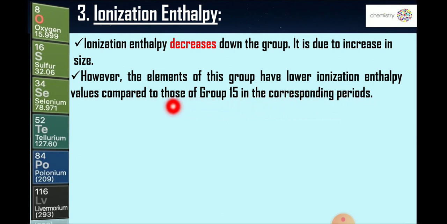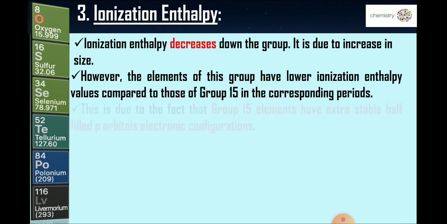So the general trend is that 14 should have higher enthalpy than 13, 15 higher than 14, 16 higher than 15. But 16 has lower ionization enthalpy than group number 15. It's an exceptional case in that trend.